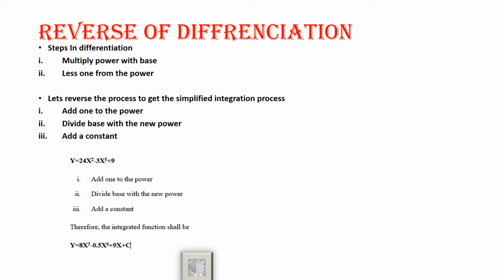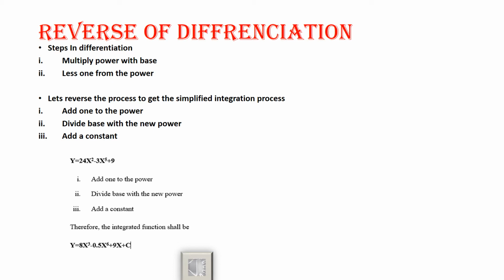Therefore, the first step in integrating will be add 1 to the power. The second step, what came after lessing in differentiation, was to multiply power with base. Therefore, we do the reverse. So our second step in integration becomes divide the base with the new power. Remember, this power we've just added 1. So divide base with new power.